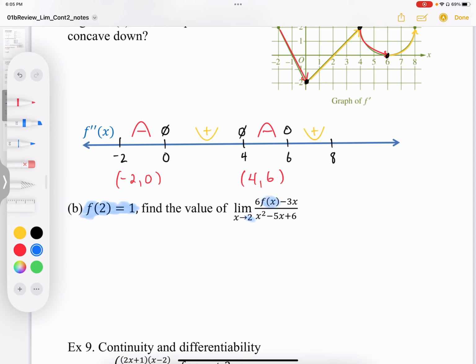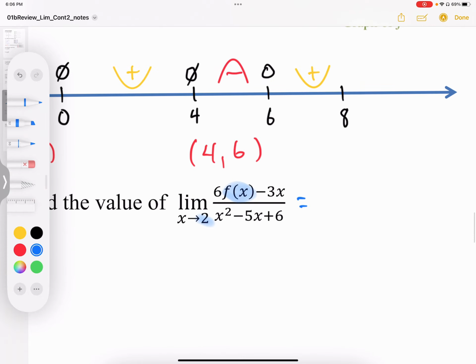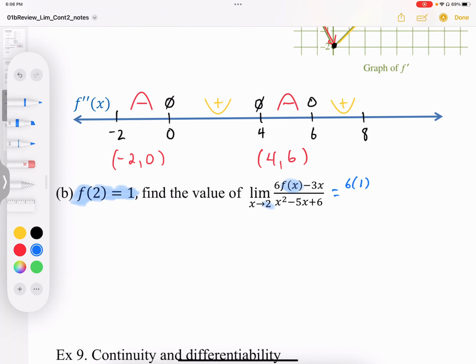We've actually been given the value of f of 2 equals 1. So in this case here, we're going to evaluate this limit by plugging in x is 2. We end up with 6 times f of 2. F of 2 is equal to 1. Maybe I'll just color code this.